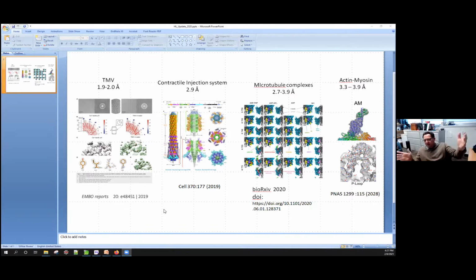Of course, we are hitting the size because we are working with a huge macromolecular assembly, but every individual subunit can be very, very small, a lot smaller than the 50 kilodalton limit you would say for a single particle experiment.